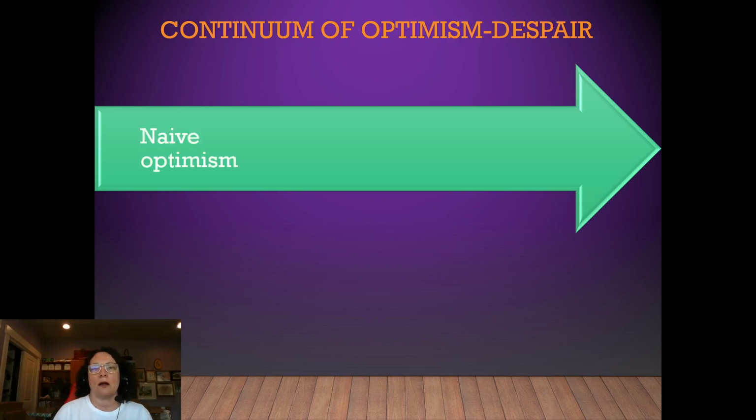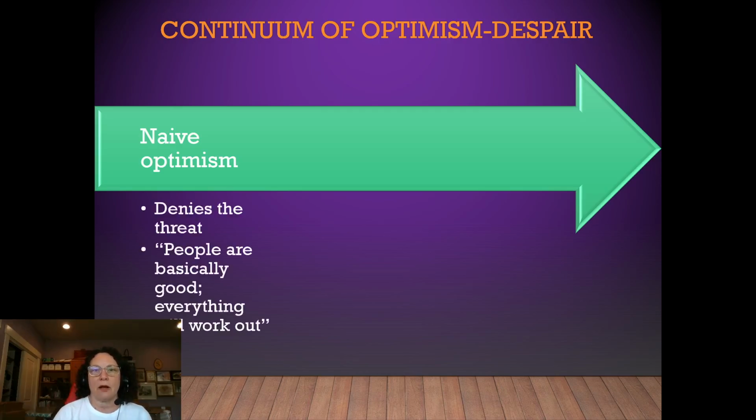What I think the critics are arguing against is the value of naive optimism. They're saying we don't want to be naive optimists. This is where it's bad, that naive optimism. In this kind of optimism, you're denying threats, and you're having hope in situations where maybe action would help you, but instead you're saying it'll all work out, right?